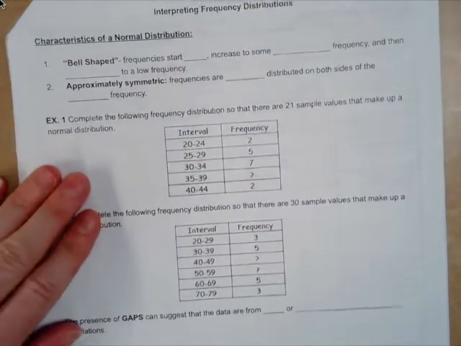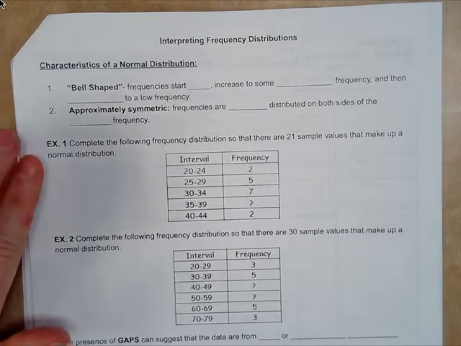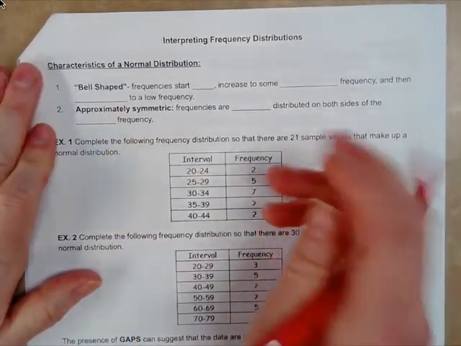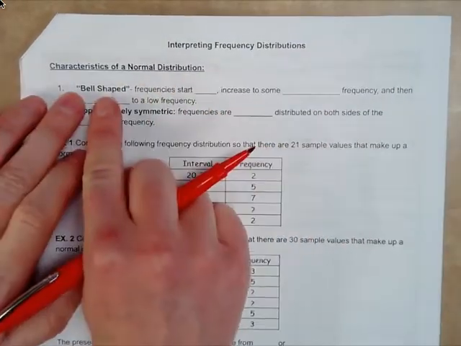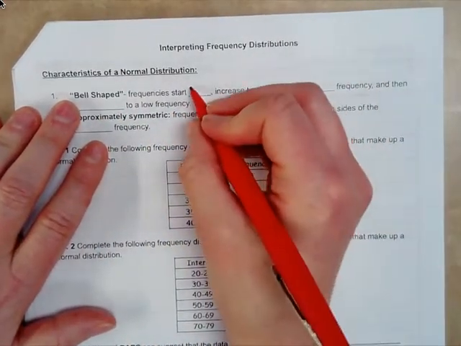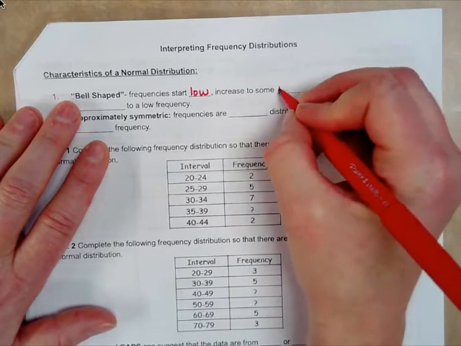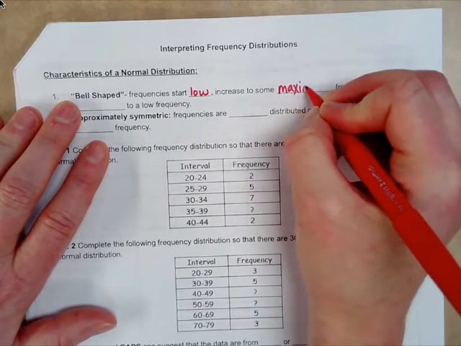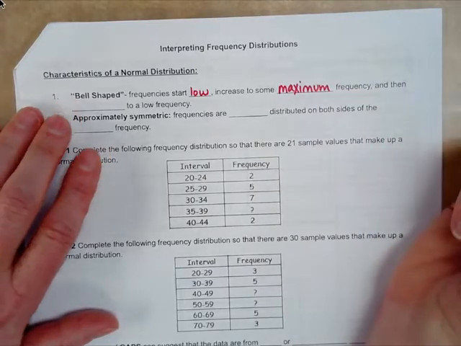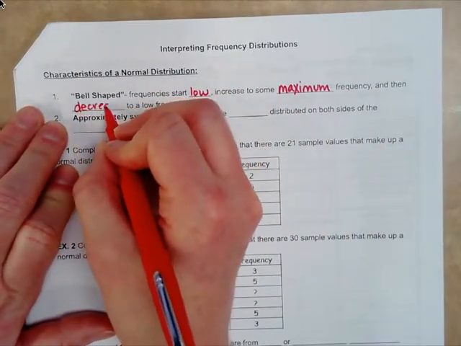Interpreting a frequency distribution. So we need to know how to find them, how to create them, but also how to analyze them. So characteristics of normal distribution include bell-shaped. So bell-shaped frequencies start low, increase to some maximum frequency, and then decrease to a low frequency.